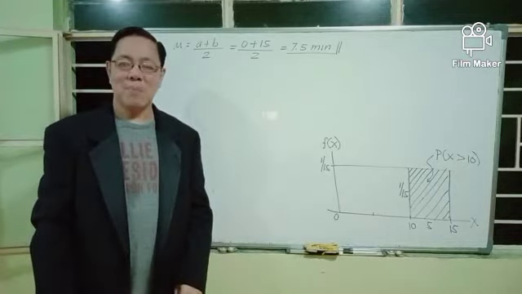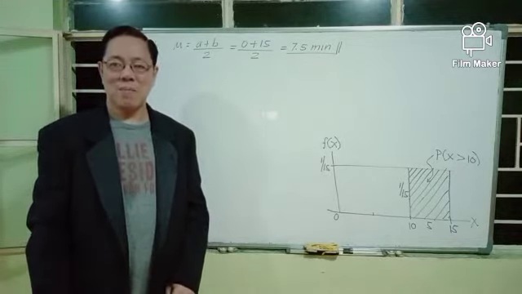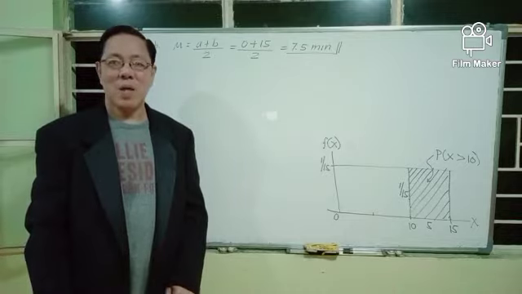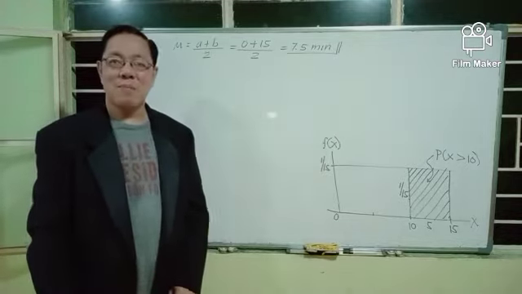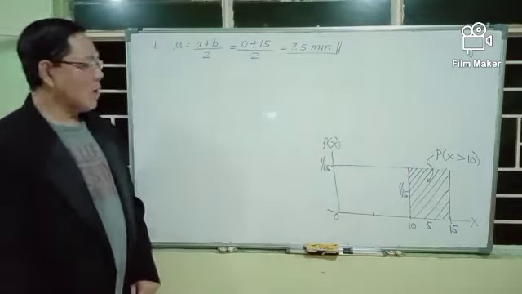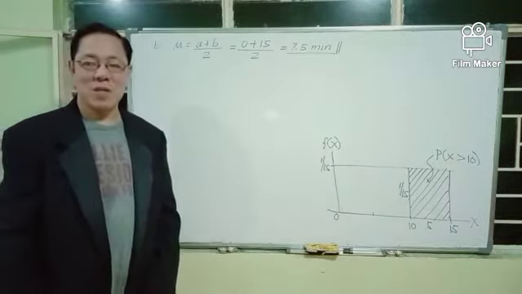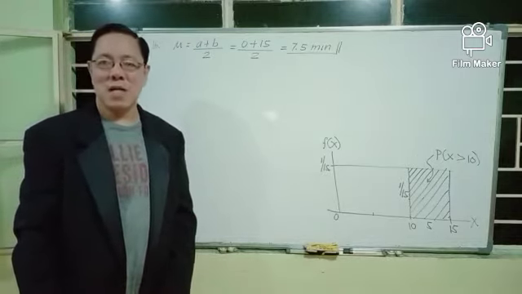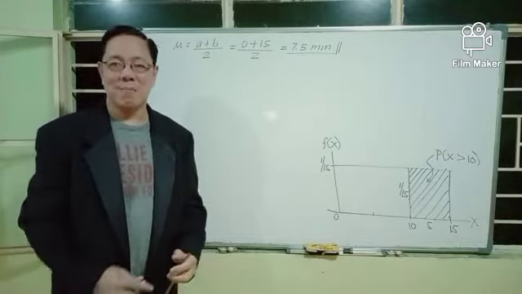On the average, a person who wants to catch a bus at that particular bus stop will have to wait 7.5 minutes on the average. Now, we also calculate the standard deviation for our continuous random variable x, denoted by sigma.